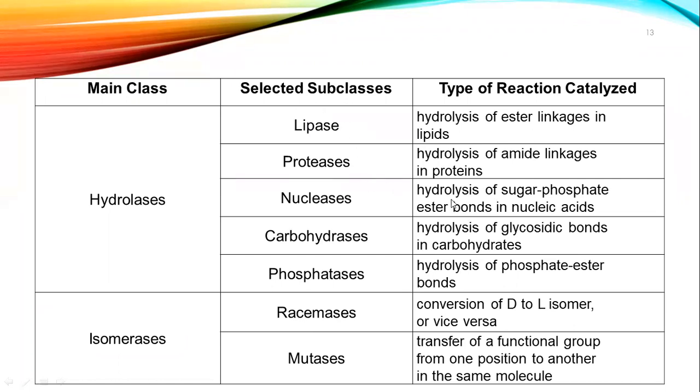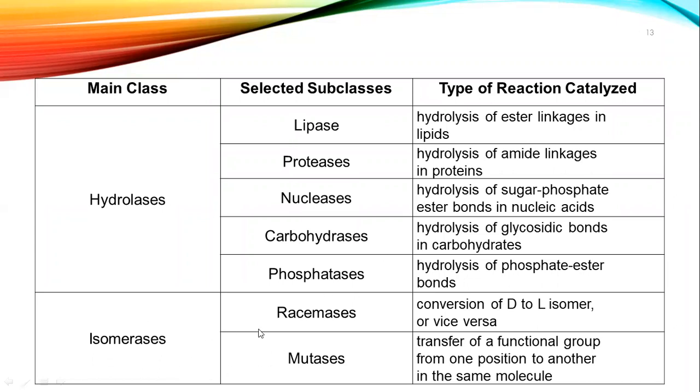If our reactant or substrate is a nucleic acid, for example if we're trying to hydrolyze a sugar phosphate ester bond in nucleic acid, then we have the nuclease. If we have the hydrolysis of a glycosidic bond in carbohydrates, we have the carbohydrases. And if we have phosphoester bonds, you will have the phosphatase.